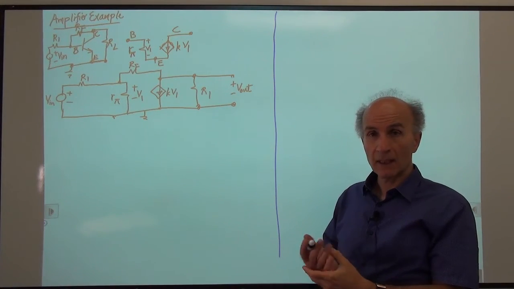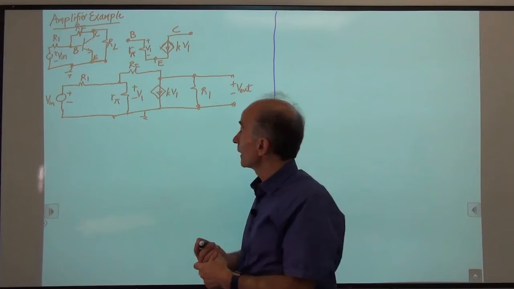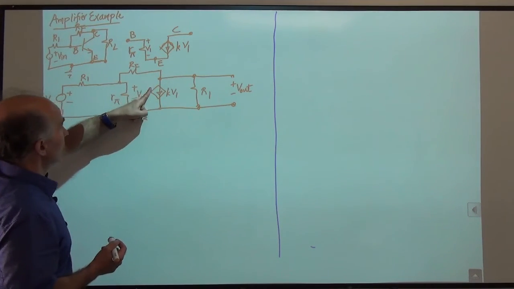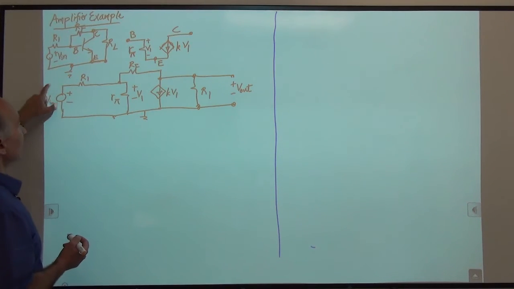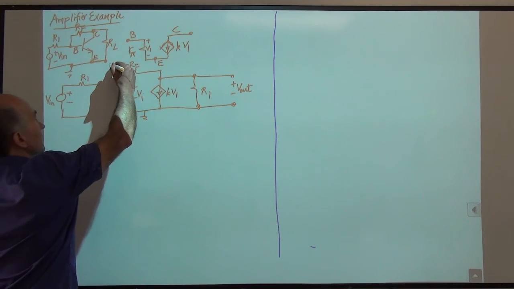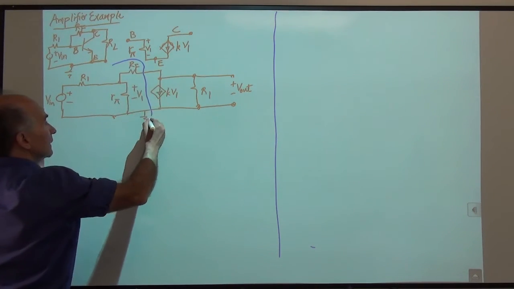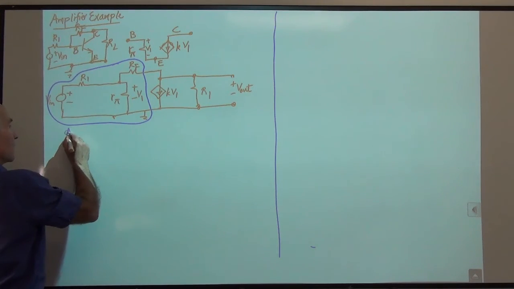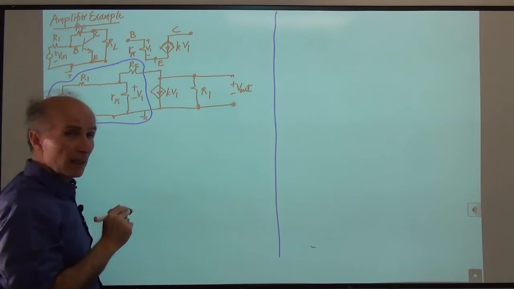What else? Is there anything else I could do? Well, how about calling this part section A, all of this? Can I do that? So let me draw a little line here and see if that's a feasible section A. So I'll write section A. Can I do that or not?